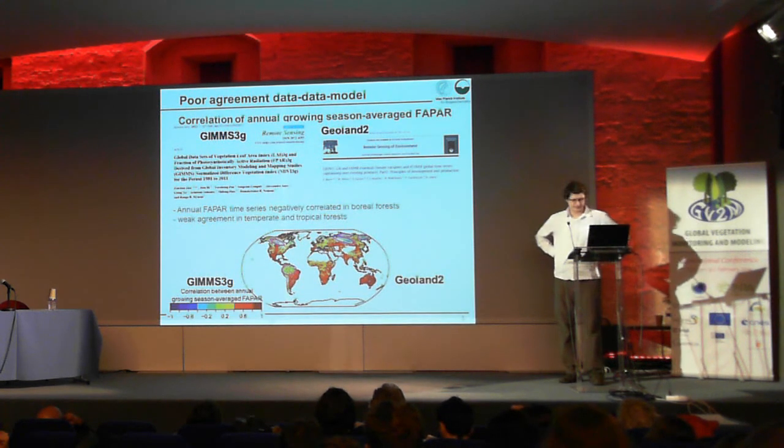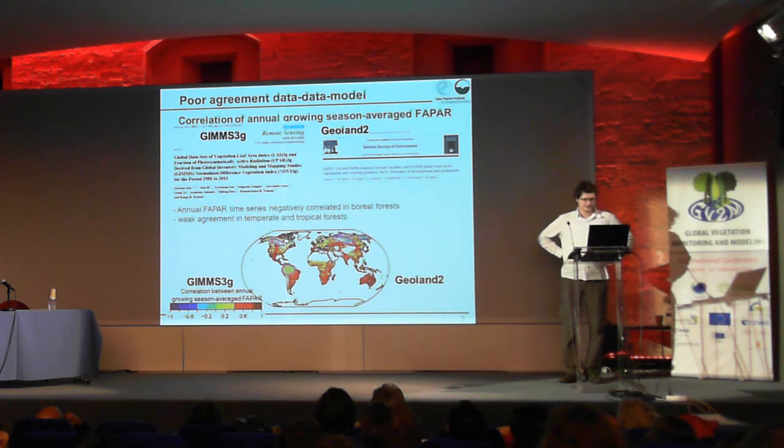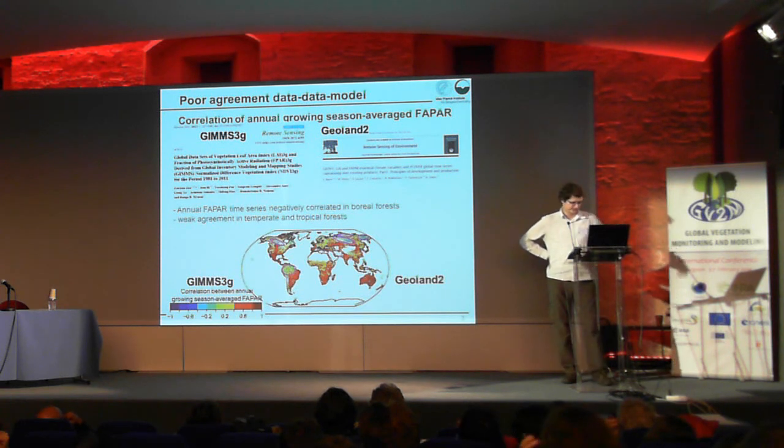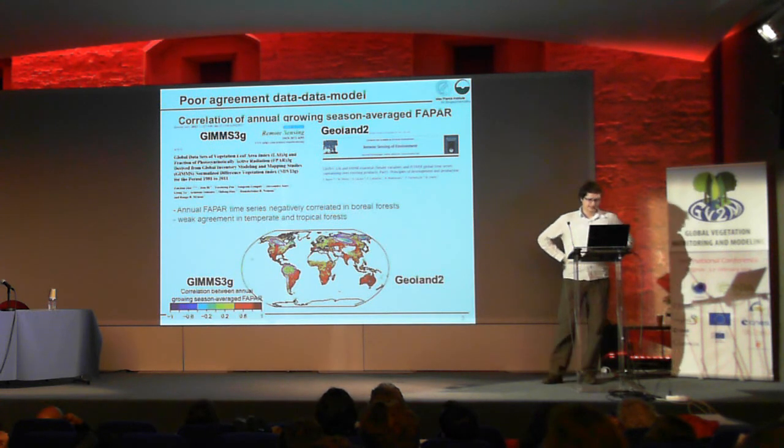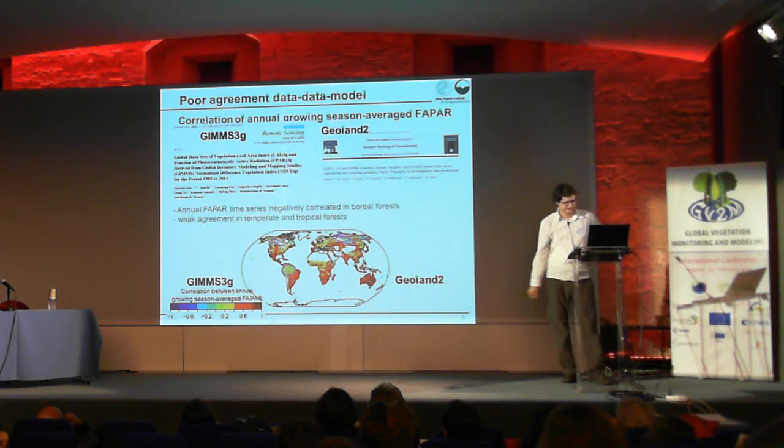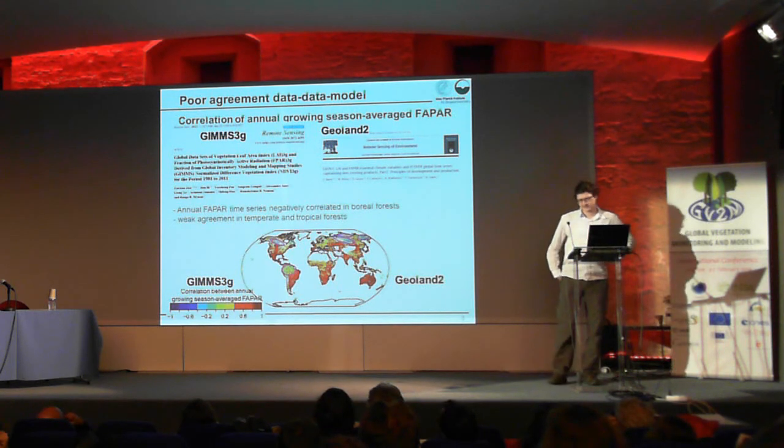But now we are moving from NDVI to FAPAR because we were integrating FAPAR data into the LPJ model, and here first of all the two different datasets, GIMMS and GeoLand, are compared to each other.